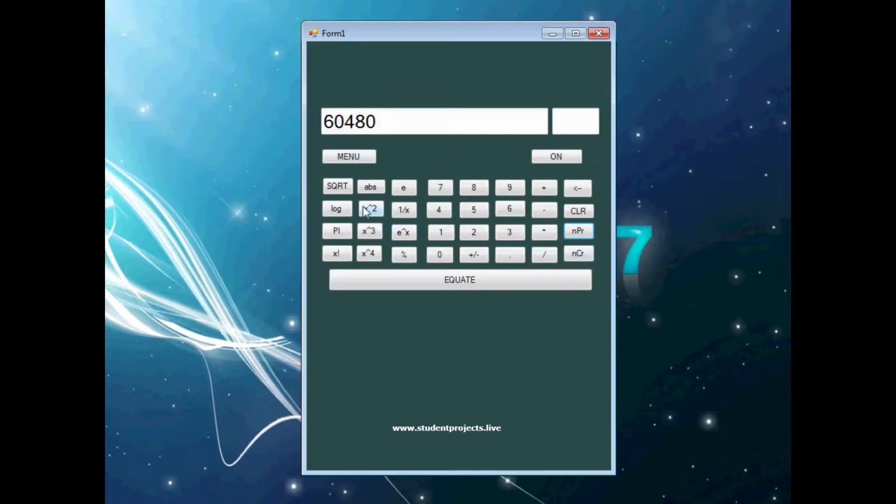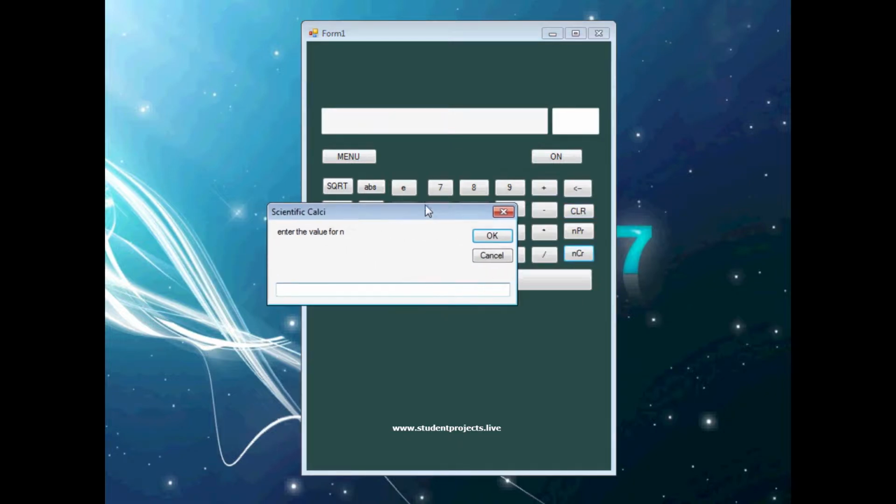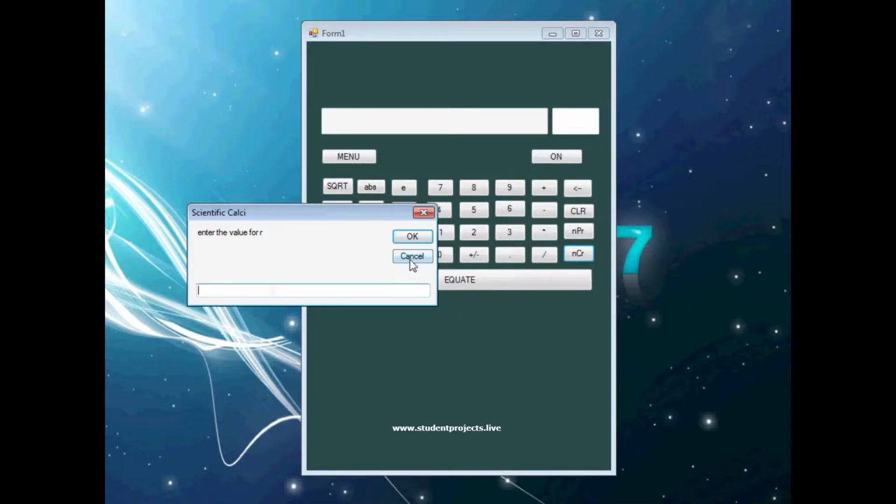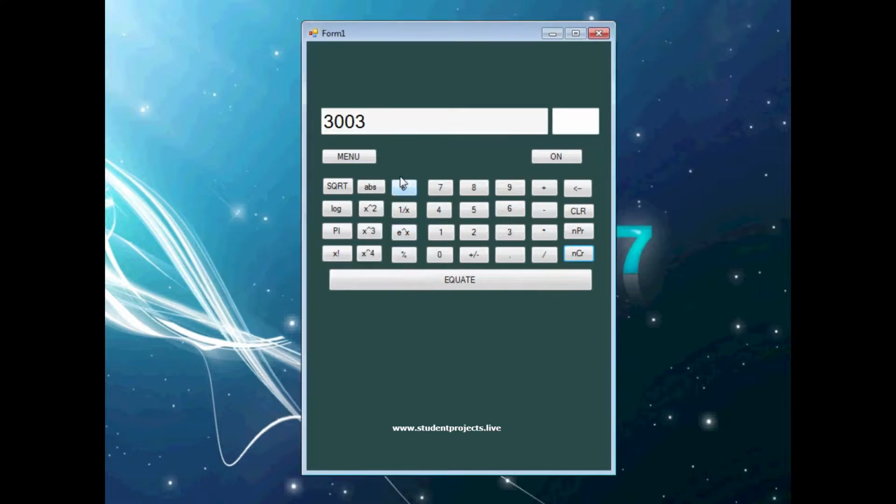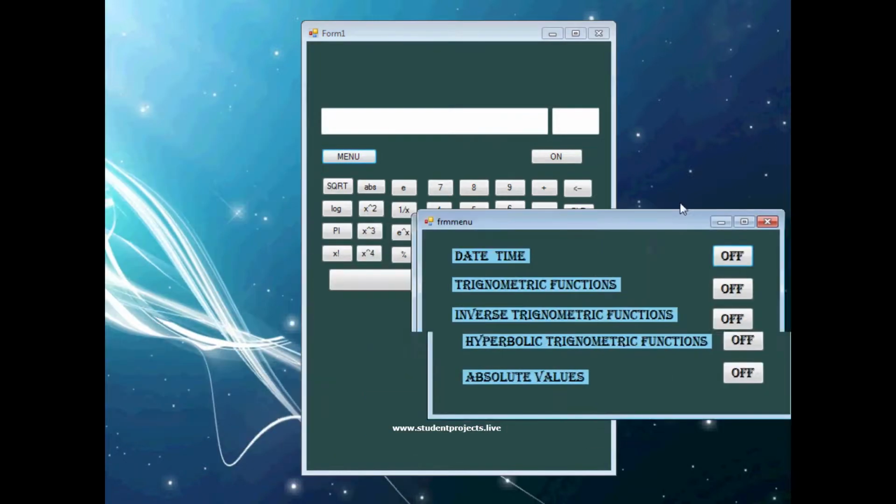So directly we can find NPR here instead of using the formula. And for NCR also same way, we can find N factorial divided by R factorial into N minus R factorial. Without using the formula, directly we can find the values.